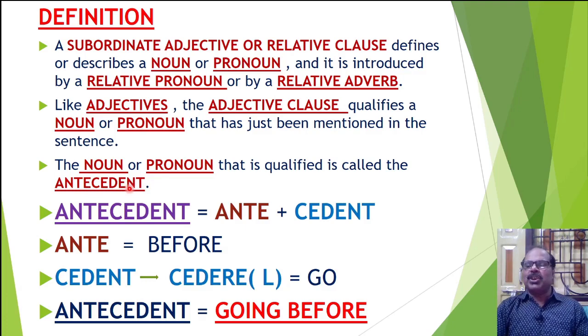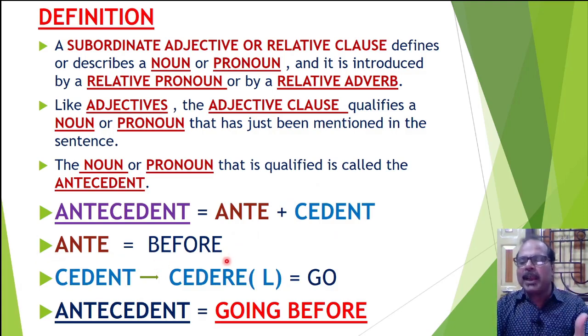Now, what is antecedent? If you look at the etymological background, it becomes easier to understand. If we break the word antecedent, we get two parts. Anti is a prefix and the root is sedent. Anti as a prefix means before.